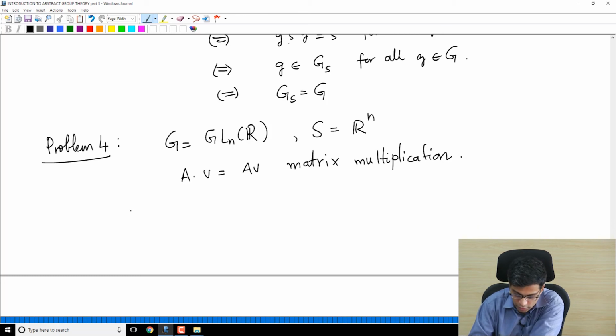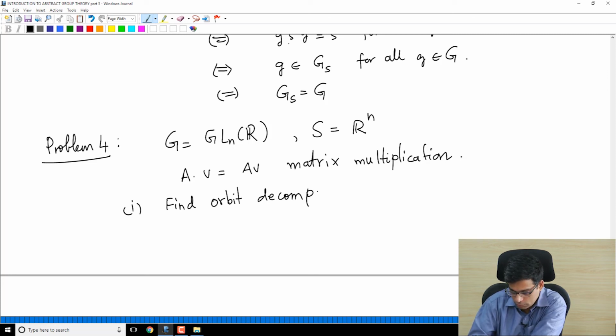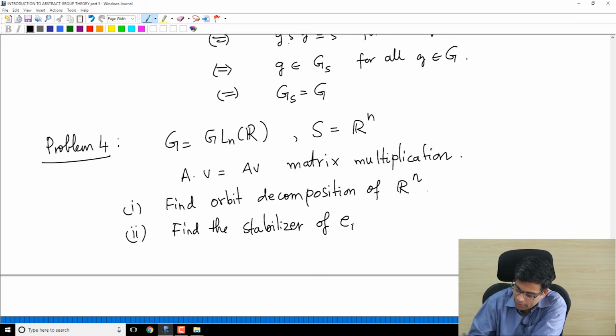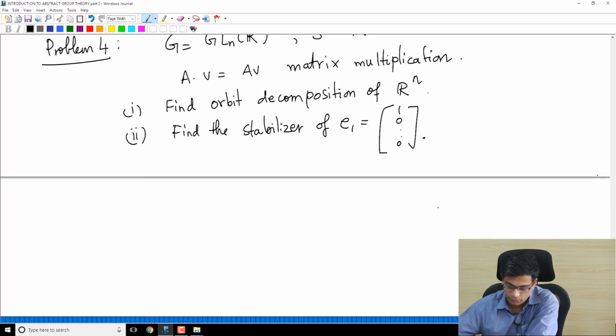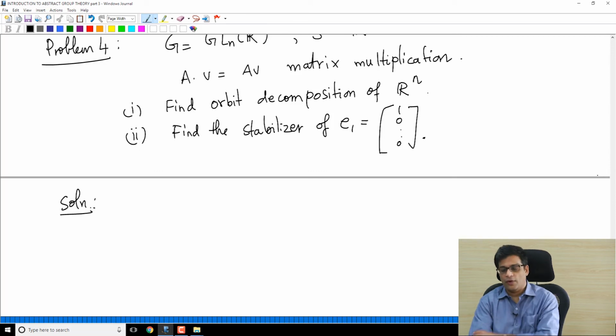Here again, find one, the orbit decomposition of R^n, and two, find the stabilizer of the elementary vector e1, so that is (1, 0, 0, ..., 0). So two problems.